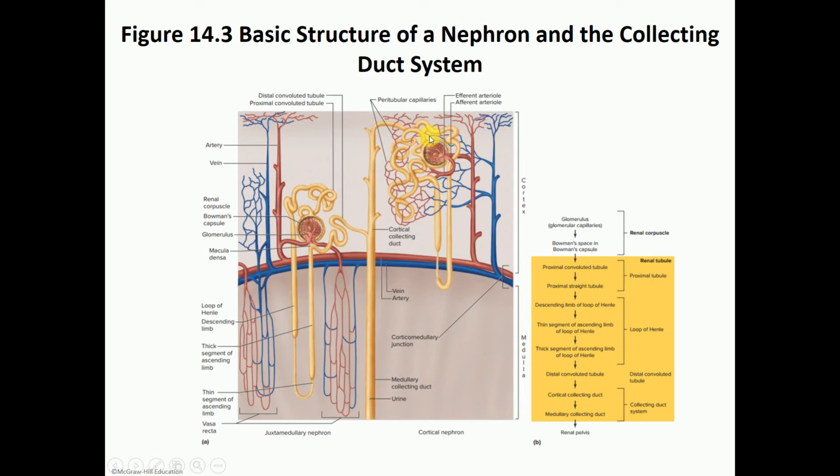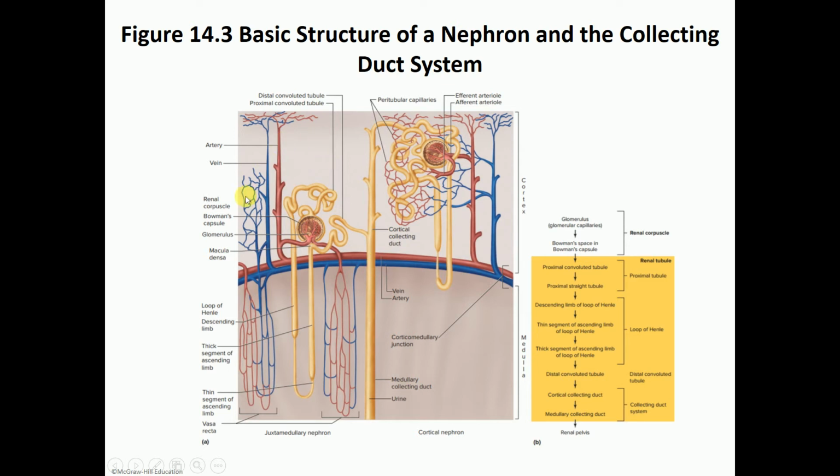If you break down the different parts, here again is the renal corpuscle, followed by the proximal convoluted tubule, then the descending limb, ascending limb of the nephron loop, and then the distal convoluted tubule, and then everything gets collected in this collecting duct.